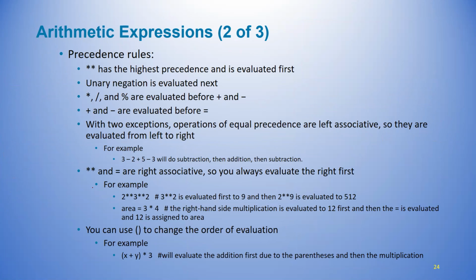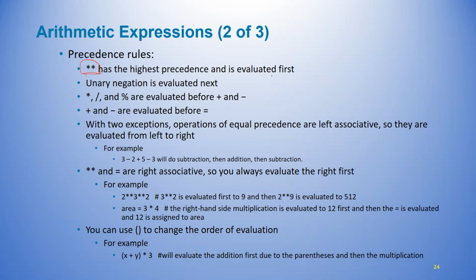Precedence rules. Exponentiation has the highest precedence and it's evaluated first. Okay, so unary negation is evaluated next. That's negation. And then these have the same level, but they are evaluated before addition and subtraction. You know that from elementary school. These are evaluated last.